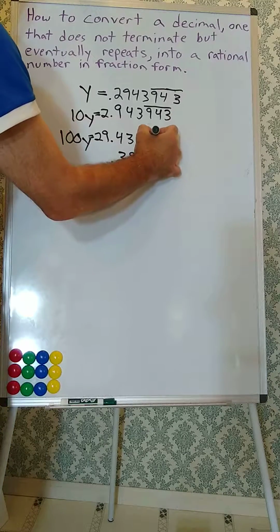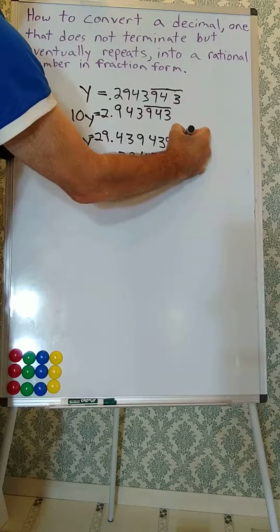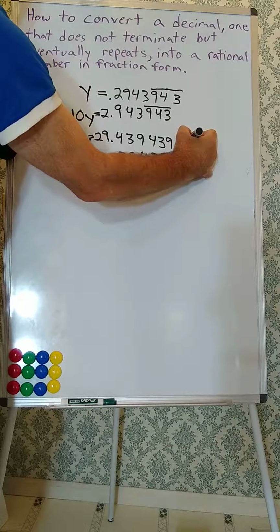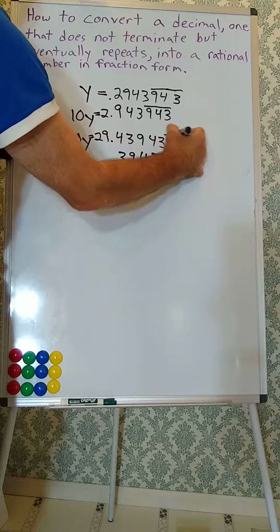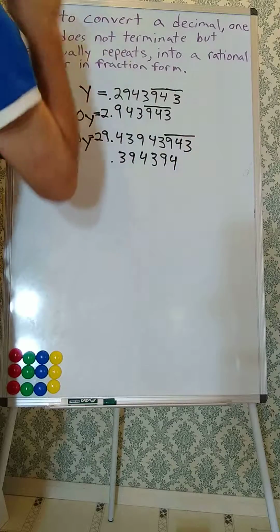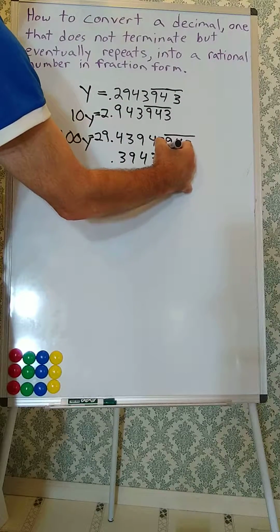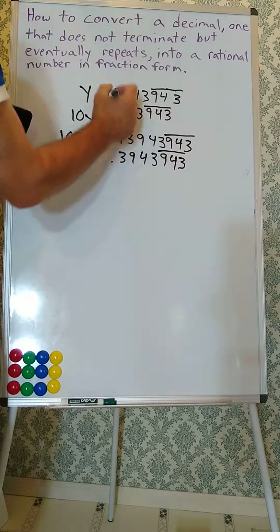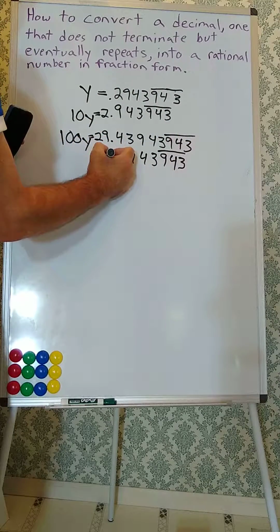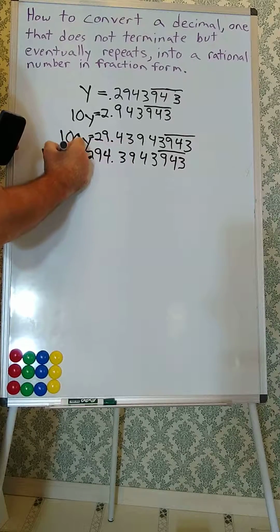I better write it with the 943 repeating. So we'll have a 4 and a 3. Okay, and then 943. And so that's 294 point 3 repeating. This is 1000y.